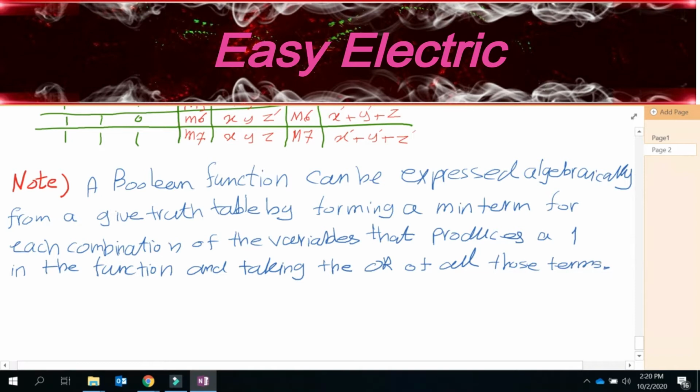Okay, let us see what it means with one example.